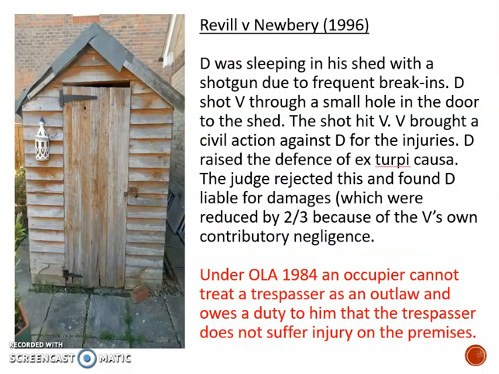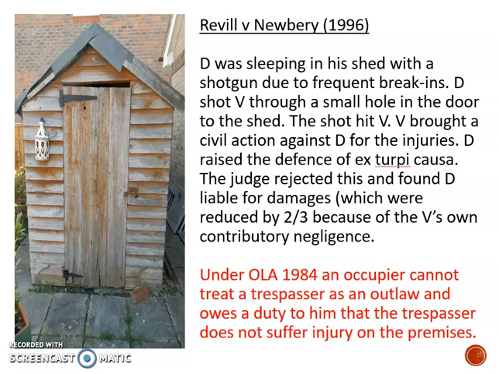And the final case I want to talk to you about, which links on to that contributory negligence point, is the case of Revill and Newbury. And in this case, our defendant was sleeping in a shed with a shotgun because he'd been experiencing frequent break-ins and he'd cut a little hole in his shed door and he was planning to shoot a burglar.